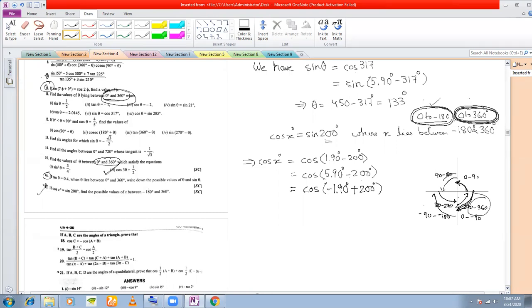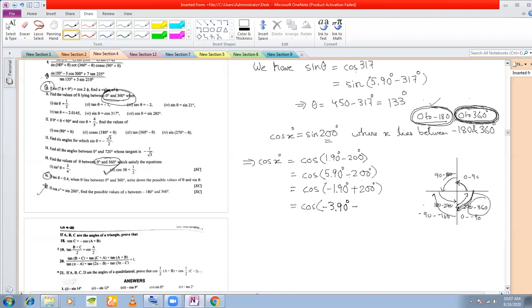Because if you take the next clockwise rotation in the first quadrant, which is minus 4 into 90 degree, sorry, it must be an odd multiple. That means minus 3 into 90 degree.